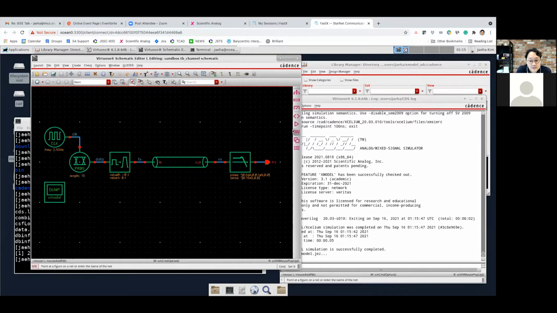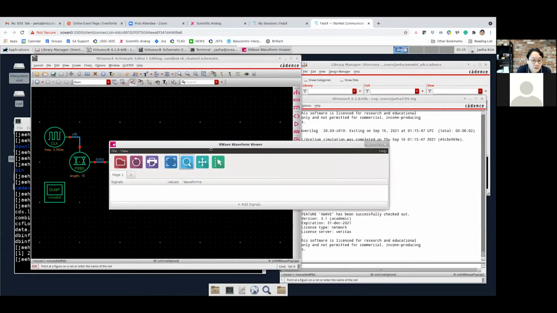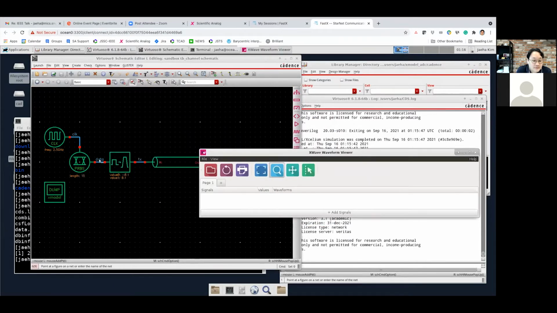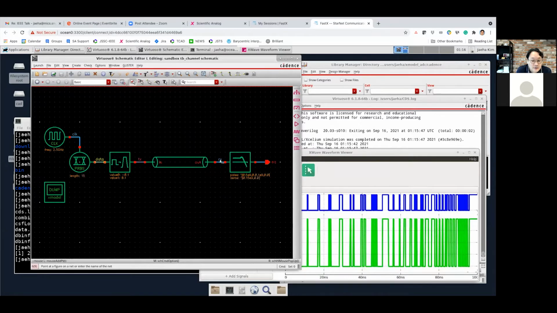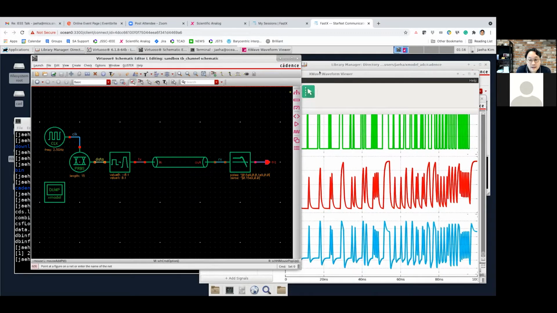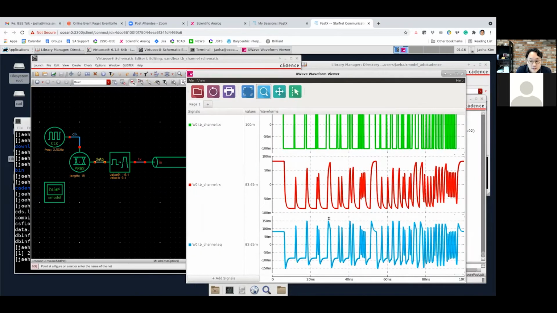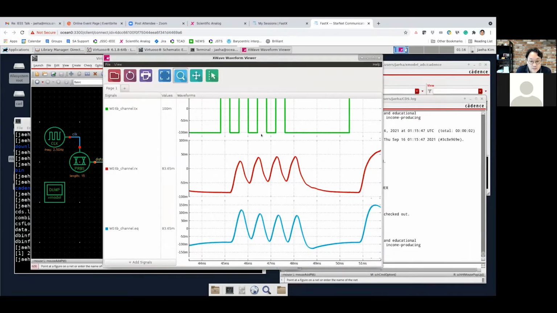And when the simulation is done, I can also view the waveforms of these signals. So data, the transmitted signal, received signal after the channel, and the signal after the equalizer. So what you see is the digital data, which is on the top, and the second one is the signal after the channel, and the last one is the signal after the equalizer.